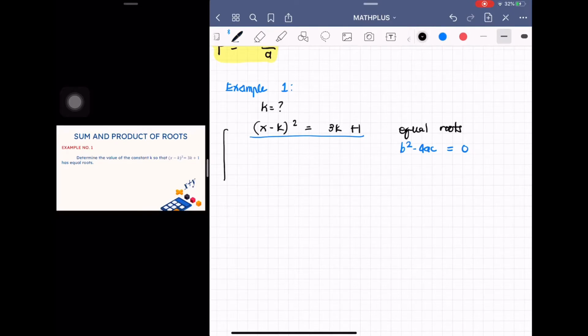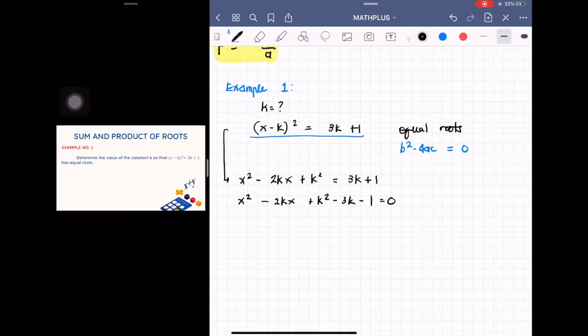So this will become x squared minus 2kx plus k squared equals 3k plus 1. And then we have to write this in its general form. So you have there x squared minus 2kx plus k squared minus 3k minus 1 equals 0.